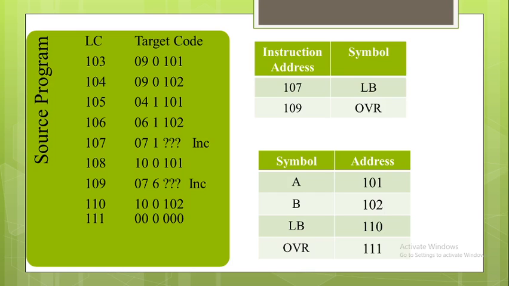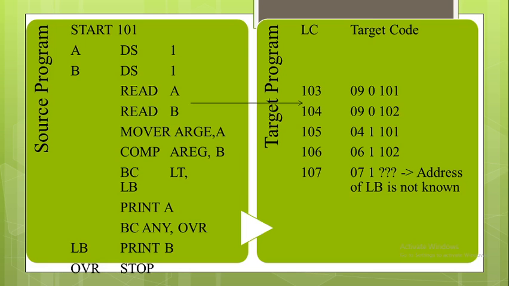Now in this program, the instruction BC LT LB can only be partially synthesized because LB is a forward reference symbol.